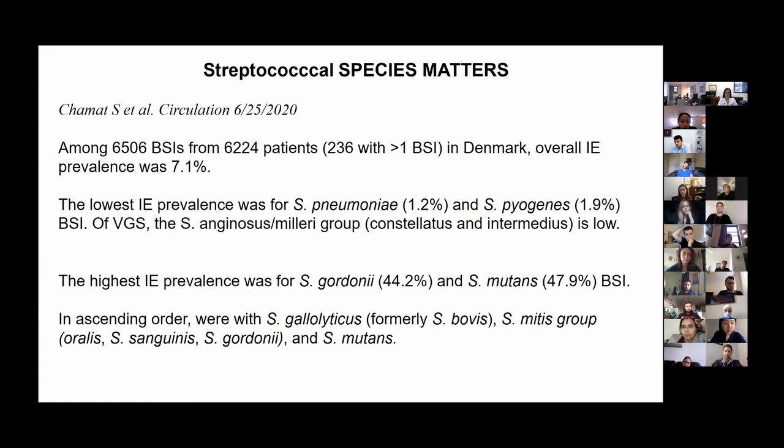But the key point being, even with these, unless we really have suspicion for endocarditis, they respond well, and they will be treated, and we don't necessarily need to get a follow-up blood culture unless we think it's endocarditis.